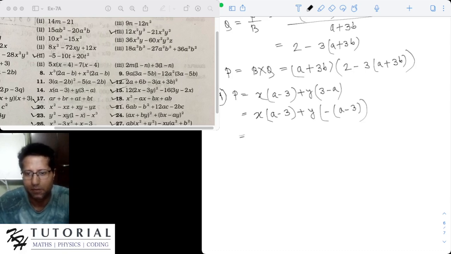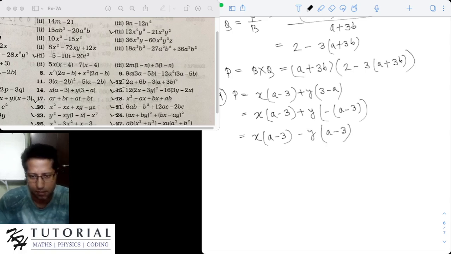So now this becomes x into a minus 3 minus y into a minus 3. Now we see that the common factor, which is a binomial, is a minus 3.